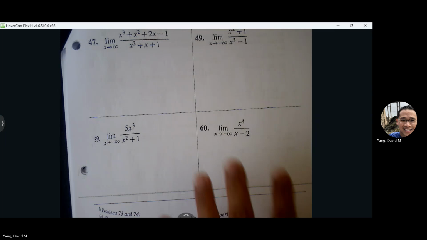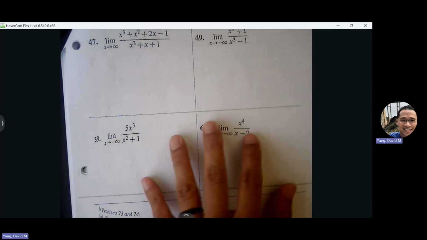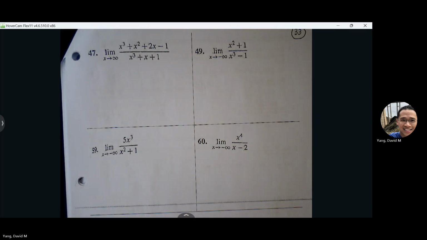Okay, hopefully these will go fast. Page 33, 47 to 60. These 4 problems here. Again, infinity, you've got to compare degrees, right? You don't want to plug in 100 or negative 100 unless your comparison of degrees tells you that it is appropriate to test 100 or negative 100.